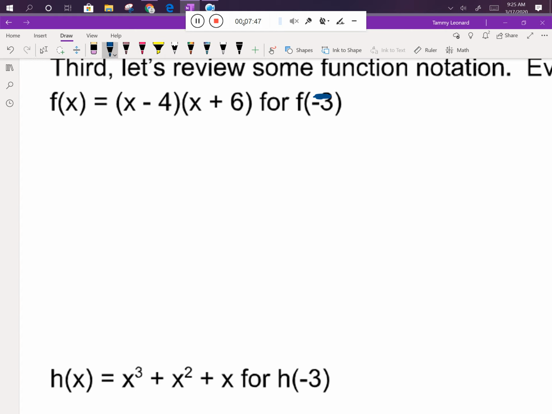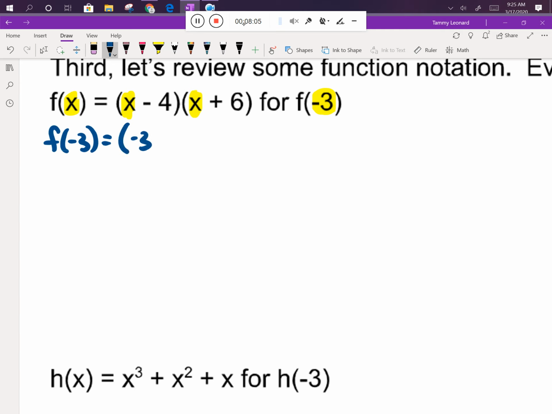Notice that they've put a negative 3 where the x should be. That means that everywhere I see an x, I should be replacing it with negative 3. So I'm going to say f of negative 3 equals negative 3 minus 4 times negative 3 plus 6.